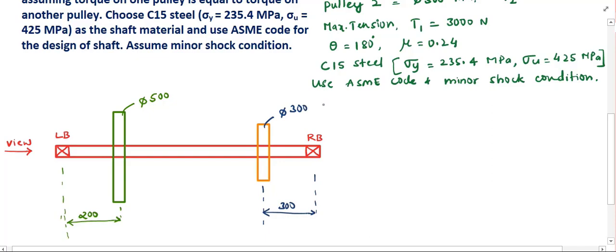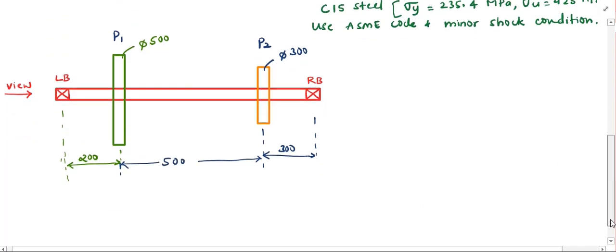This is your pulley 1 and this is your pulley 2, and the distance between these two pulleys is 500 mm, and the overall distance between these two bearings is 1 meter, that is 1000 mm.